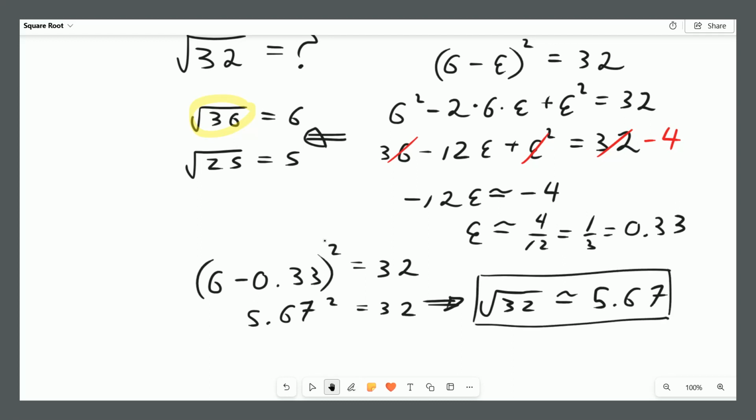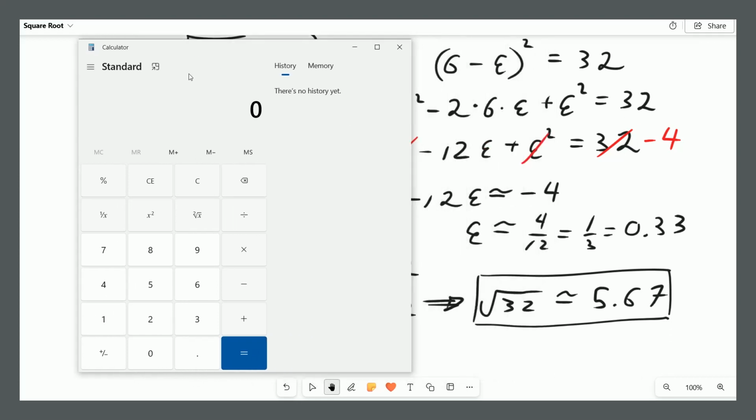And if we plug that into our calculator, let's see what we get. So we have 32, square root it, we get 5.66 if we round that to 2 decimal places. So our approximation is 5.67. We get 5.66. Close enough, right? That's a pretty accurate estimate there, right? And if we go to 1 decimal point, well, it's exactly correct, right?